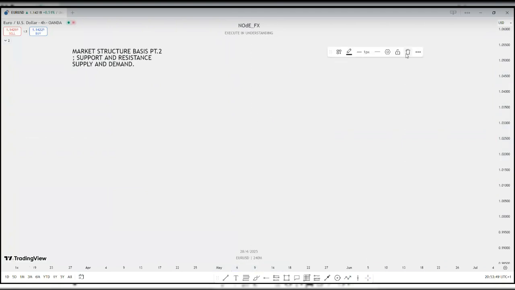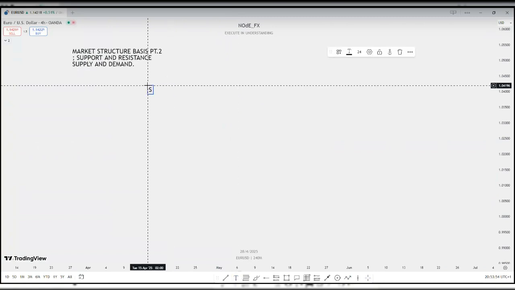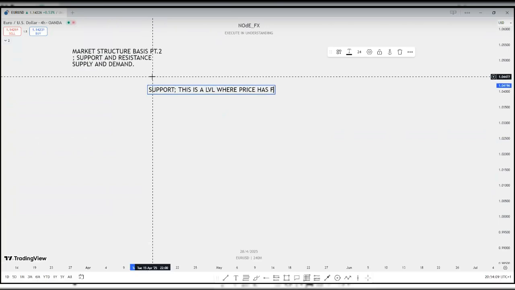Before we get there, let me give you the definition of support and resistance. We'll start first with support. What exactly is support? Support is a level where price has failed to get lower, and it's just vice versa for resistance.